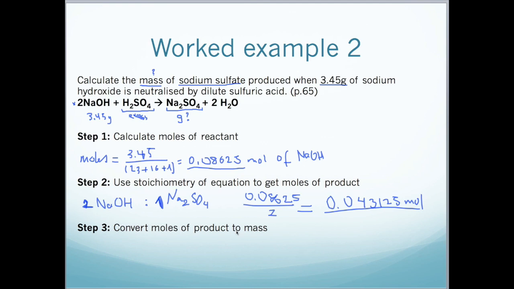Then you convert the moles of product to mass. So we now have the moles. To get the mass, we multiply moles, which is 0.043125, by the molar mass of Na2SO4, which is, we've got 2 sodiums, which is 23 times 2, plus we've got sulfur, which is 32, and we have 4 oxygens.